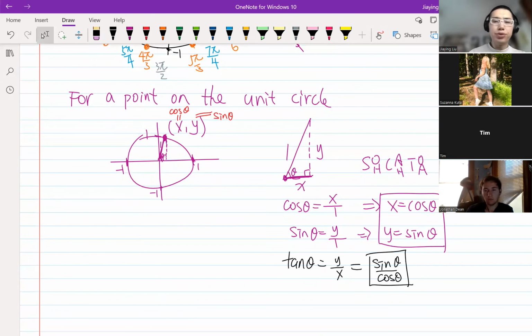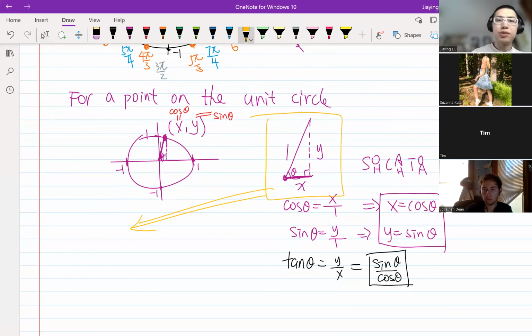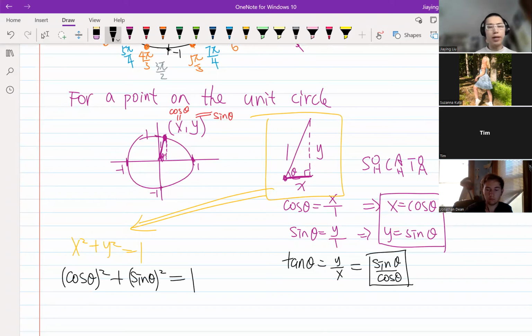When you think about tangent theta, try to think about sine over cosine. And then here's the important trig identity that you're probably seeing so many times. If we look at the right triangle here, we have the Pythagorean identity, which is x squared plus y squared equals 1. But remember that x is just cosine theta, and y is sine theta, so if we substitute for x and y, cosine theta squared plus sine theta squared must equal 1.